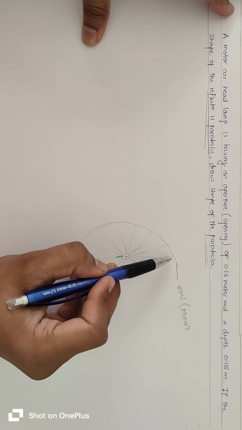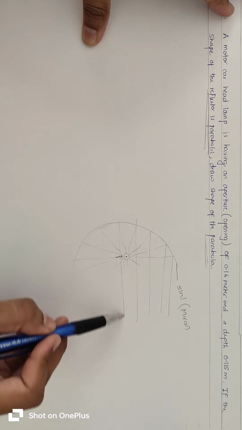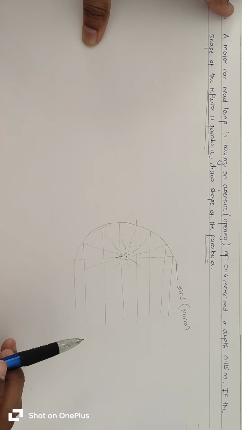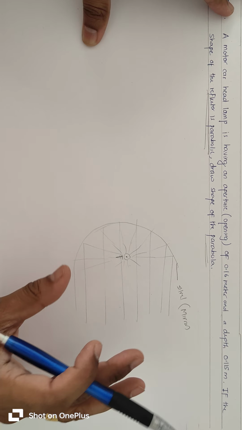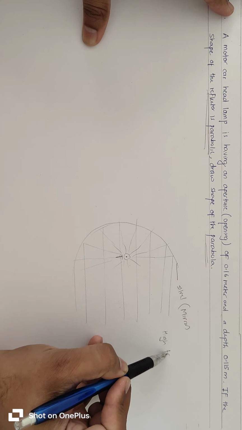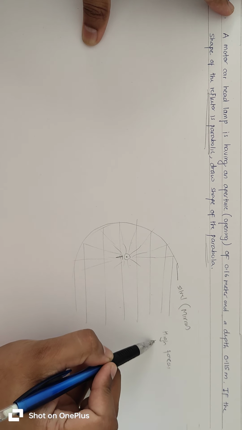So this mirror will reflect the light like this, such that all projections will be parallel to each other. So it will give a high focus beam. So the parabolic shape in the headlamp will give a high focus beam.